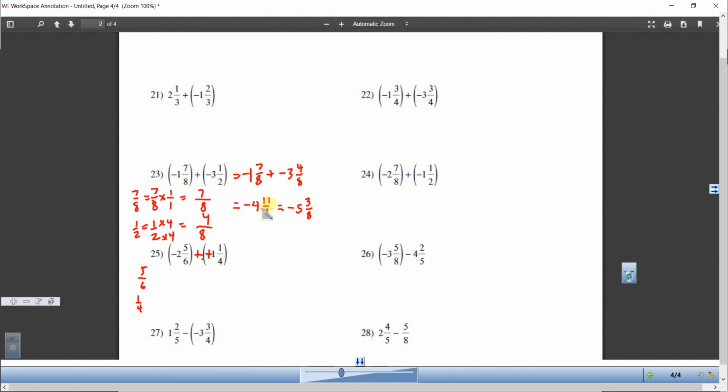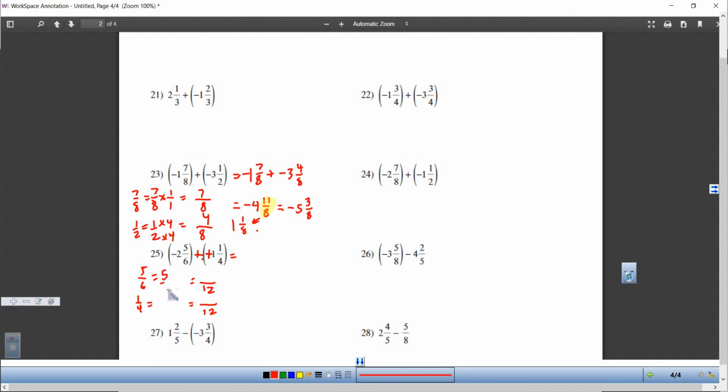All right, I'm going to erase this right here and put it like here, 1 1/8. So I have space here because I'm going to need that space. All right, so 6 and 4, what number do they both go into? Okay, and again, they both go into 24, so I could do 24, but they also both go into 12, don't they? So I'm going to go with the least common denominator of 12.